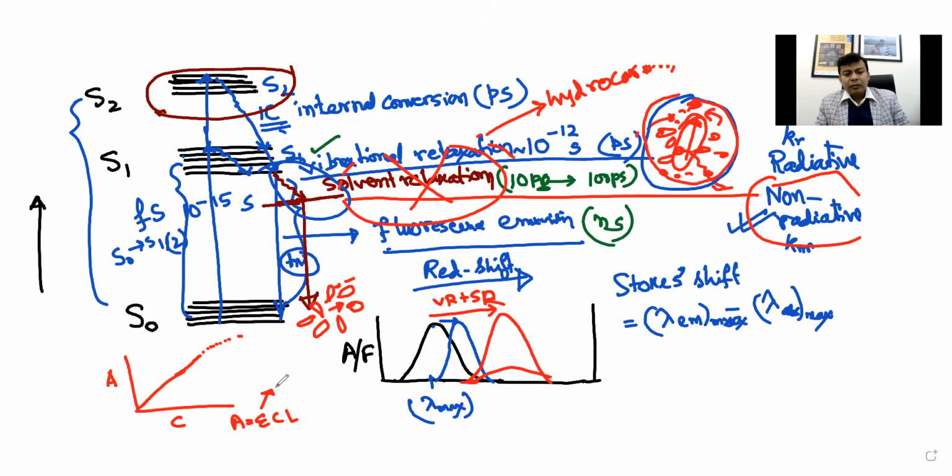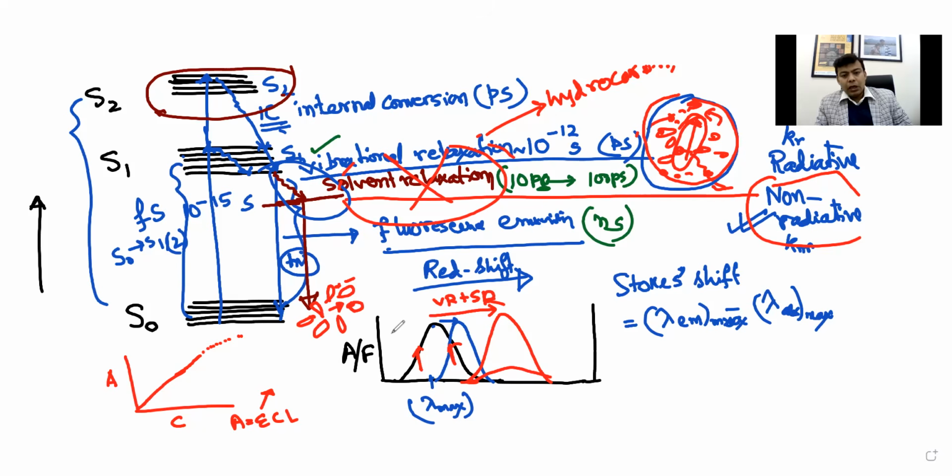So that tells you how much light it can absorb. Normally you use the absorption max to excite. In fluorescence, you can also use wavelengths away from the absorption max, which are off-peak wavelengths.